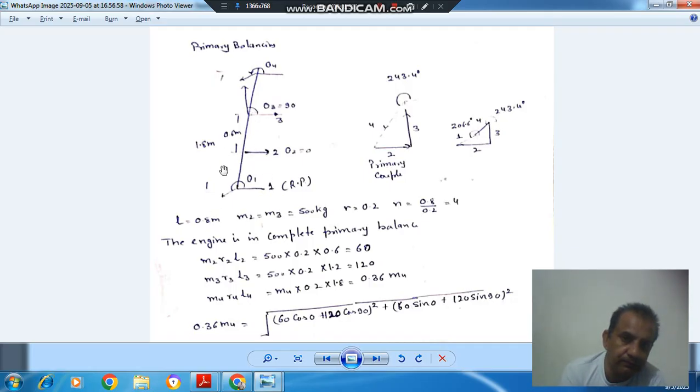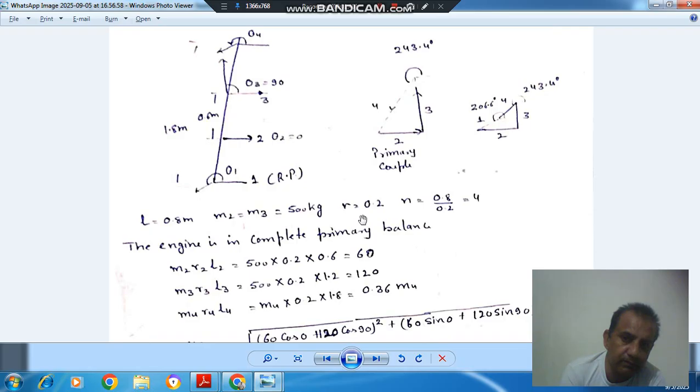Length of connecting rod is 800 mm or 0.8 meter. Radius of crank is given as 0.2 meter or 200 mm. So n is 0.8 by 0.2, or 800 by 200, that is 4. The ratio of connecting rod to crank is 4.